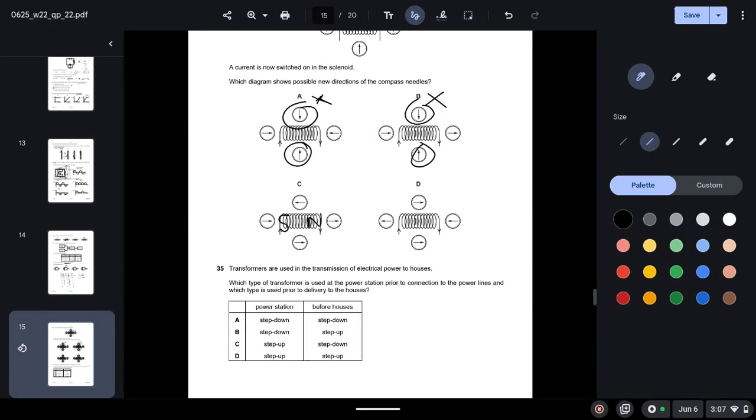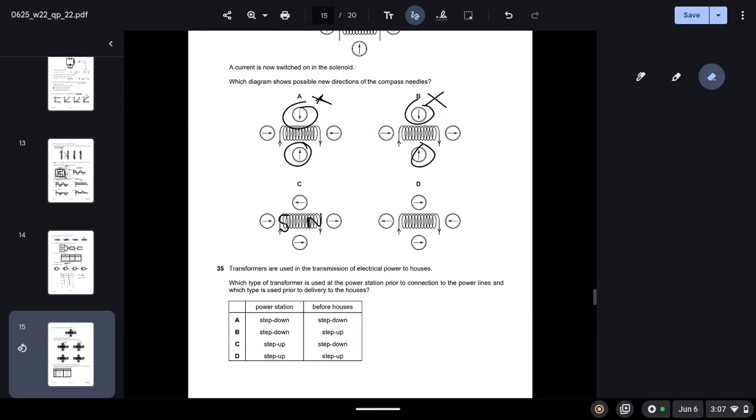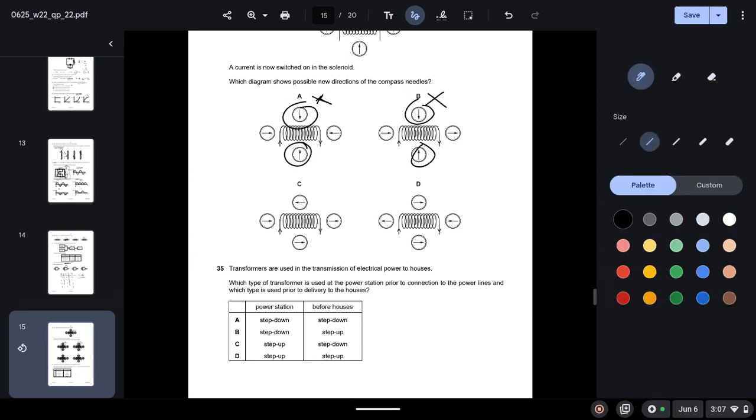However, when we look at the flow of current here, and use the right hand grip rule, you can see that C is also incorrect, because the magnetic field lines will be in this direction. Inside it will travel from north to south.